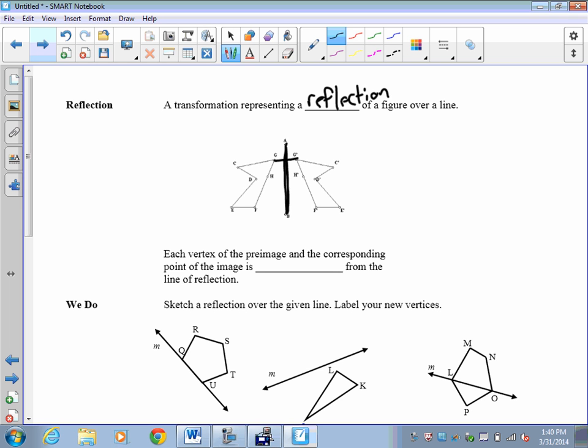So the distance apart from all of these points is the same. So I could say that those 2 points are equal, these two are equal, and all the way through and through. It's just a mirror image. So it says that each vertex of the pre-image and the corresponding point on the image are equidistant. They're the same distance apart.